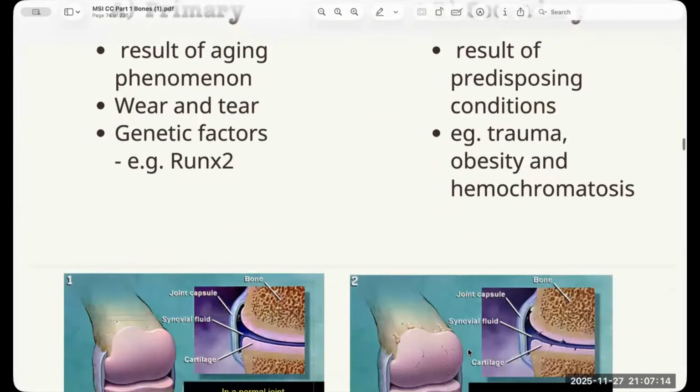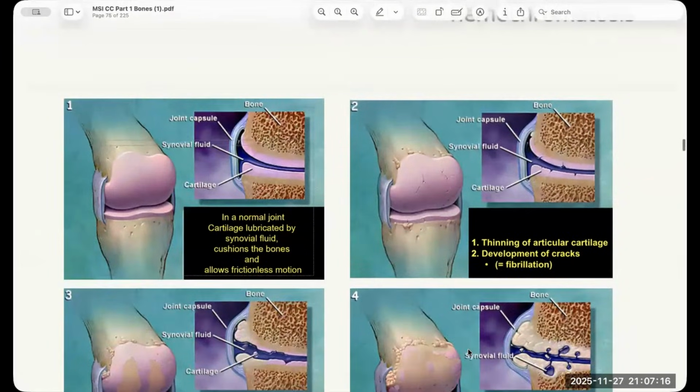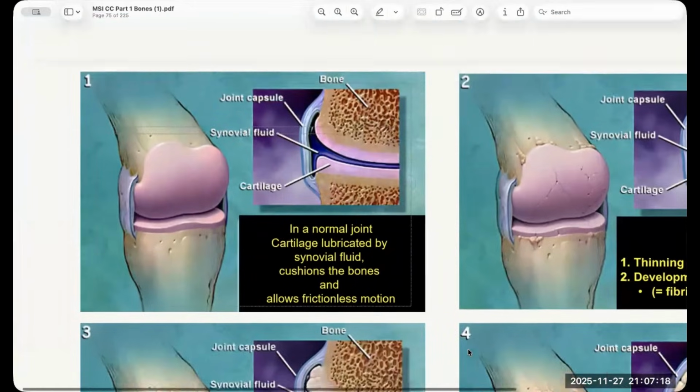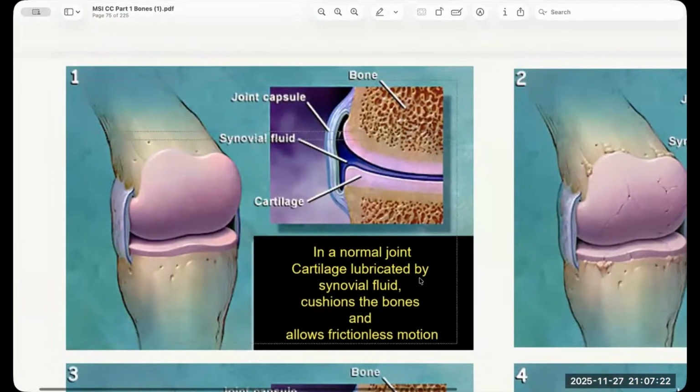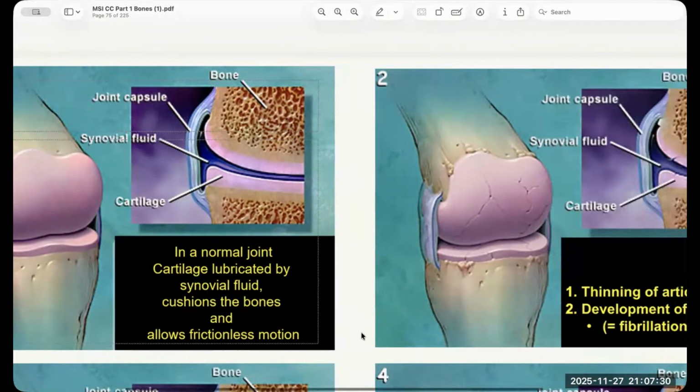Now, how it goes: in a normal joint, cartilage is lubricated by the synovial fluid, as we said, and cushions the bones and allows frictionless motion.